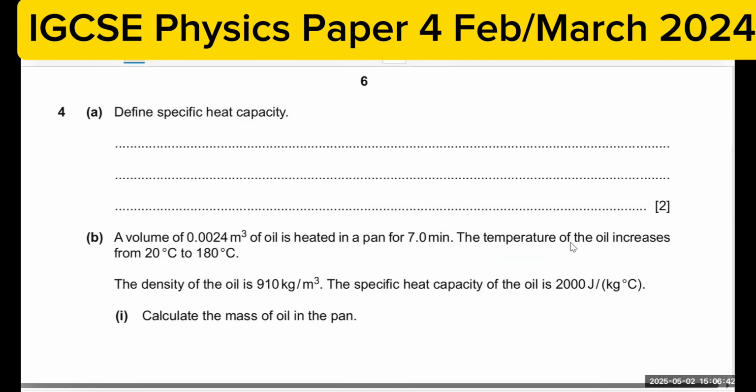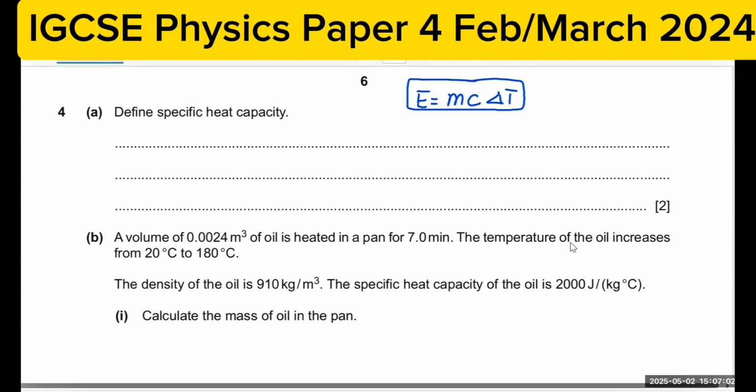So question number 4 defines specific heat capacity. So heat capacity is basically energy absorbed, the product of mass times specific heat capacity times change in temperature. So you can use this equation to define specific heat capacity.